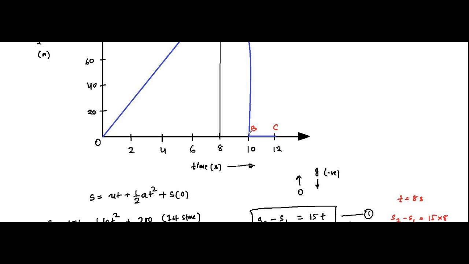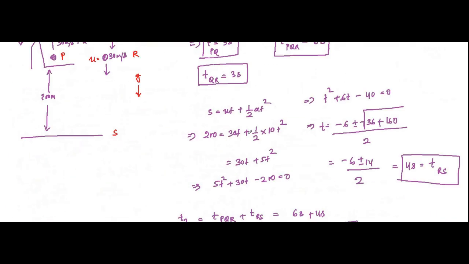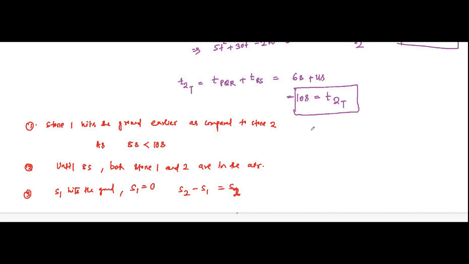When stone 2 hits the ground, S2 is also equal to 0. So now S2 minus S1 is also equal to 0.